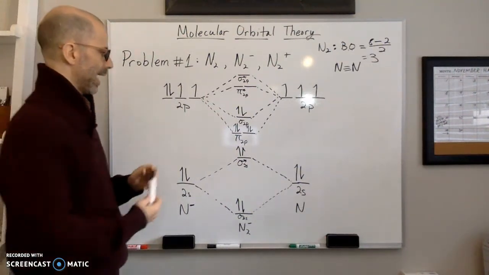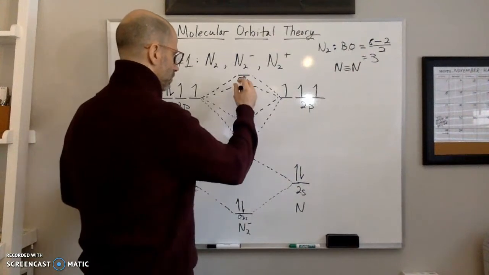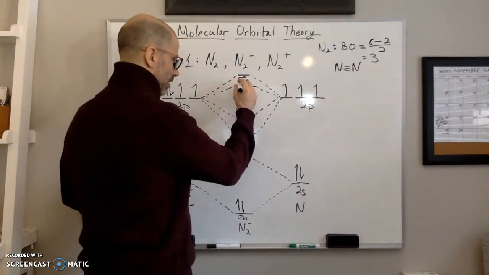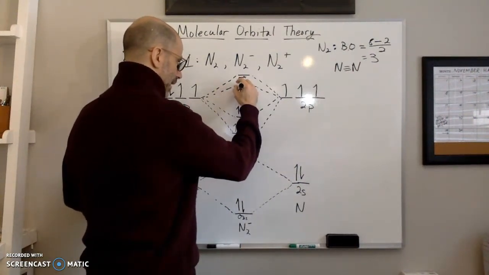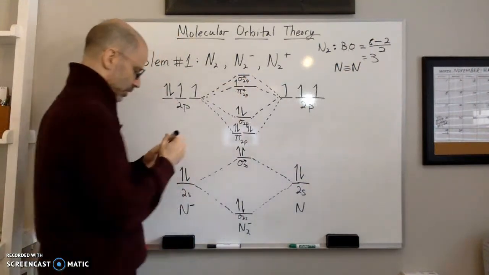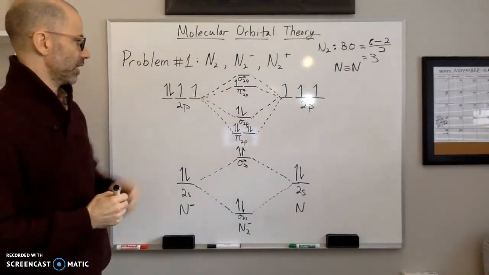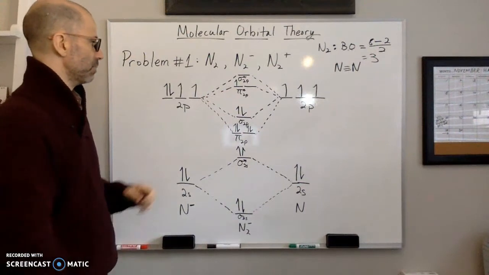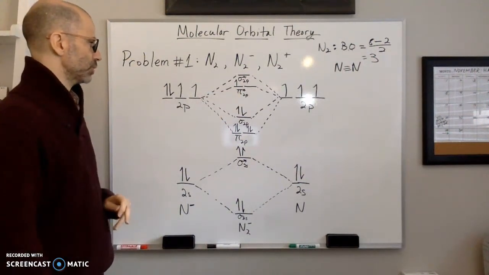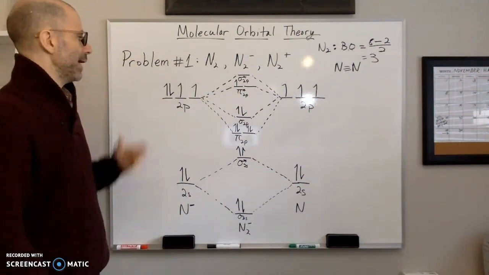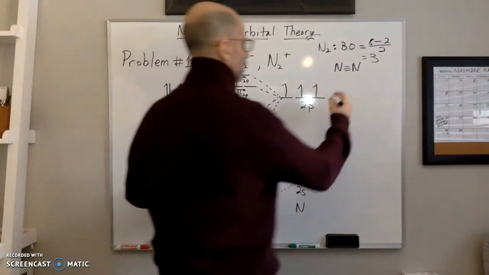So now we need to add another electron here. We're going to have to add an electron to an antibonding orbital. That's going to be spin up, putting it into the pi star 2p molecular orbital.